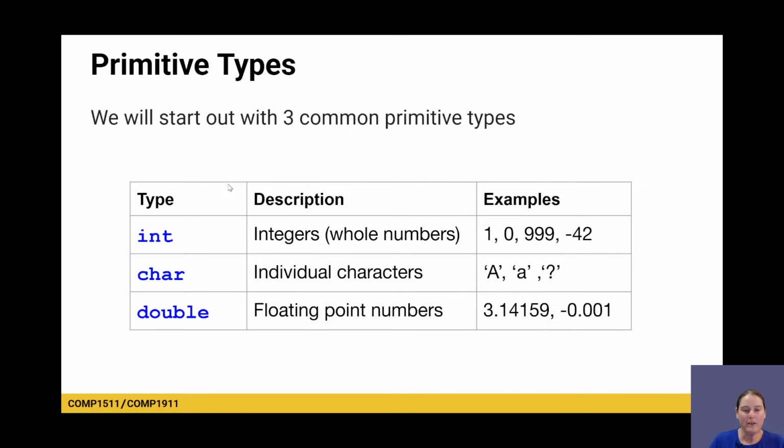So to start with, we're going to just talk about 3 simple primitive types. We've got int, char, and double. So int is something we can store integers or whole numbers in. So 1, 0, 999, minus 42, they're all integers. Then we've got char. The char type allows us to create variables that can store individual characters. And you'll notice we put single quotes around our individual characters.